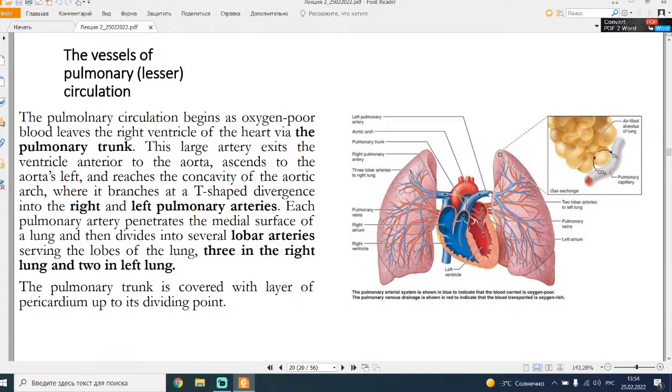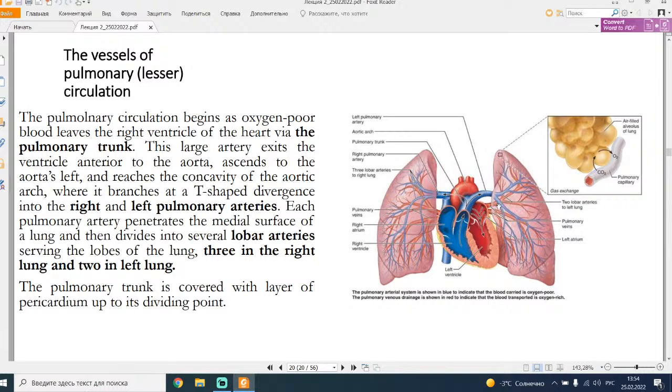into right and left pulmonary arteries. Each pulmonary artery penetrates the medial surface of the lung and then divides into several lobar arteries, serving the lobes of the lung, 3 in the right lung and 2 in the left lung.